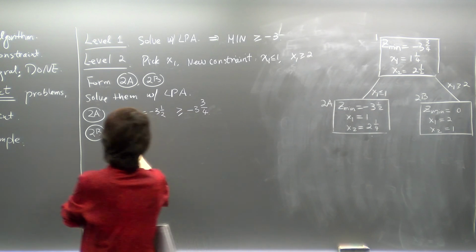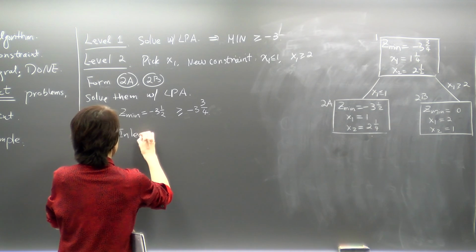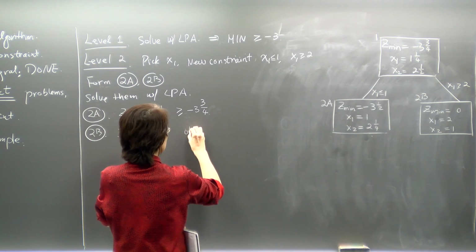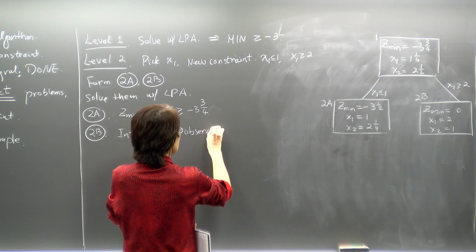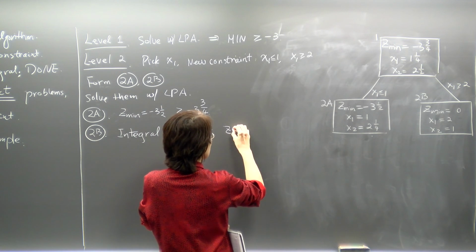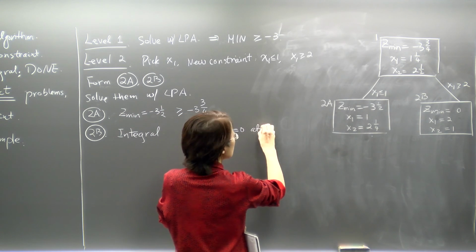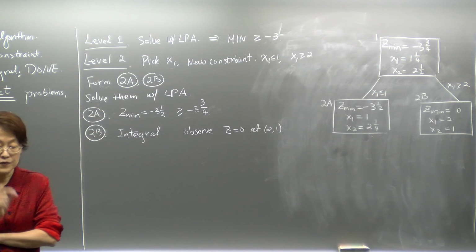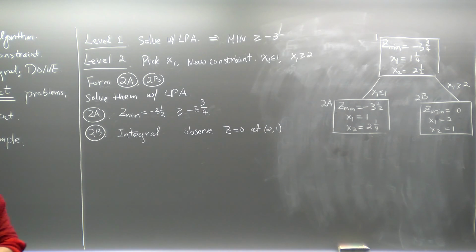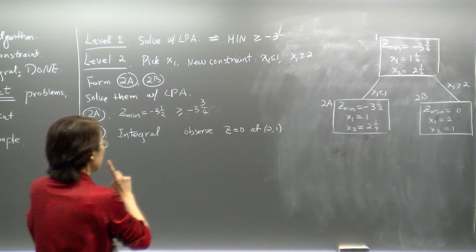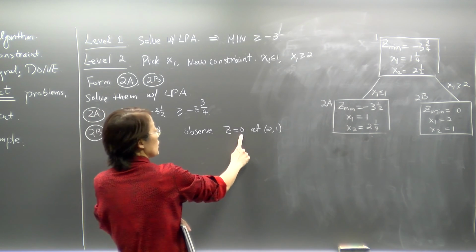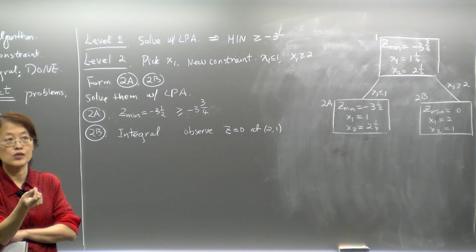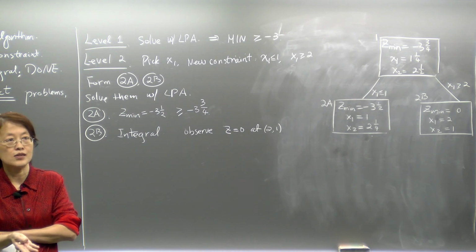So what does it tell me? So let me see. So first I say these answers are all integral, and then I observe that z equals 0 at this point 2 and 1. If z takes value 0 at some given point, then I know the minimum shall be less than that. Is that right? Because it can get 0. It might be even less than 0.